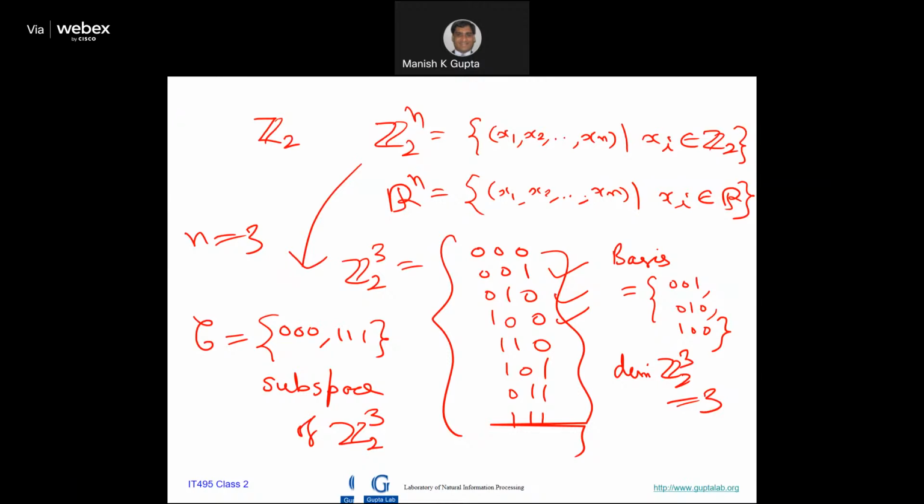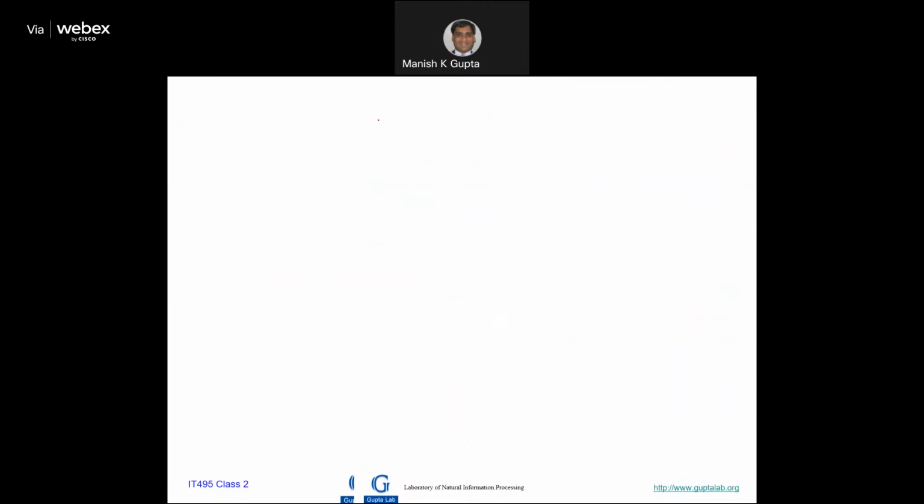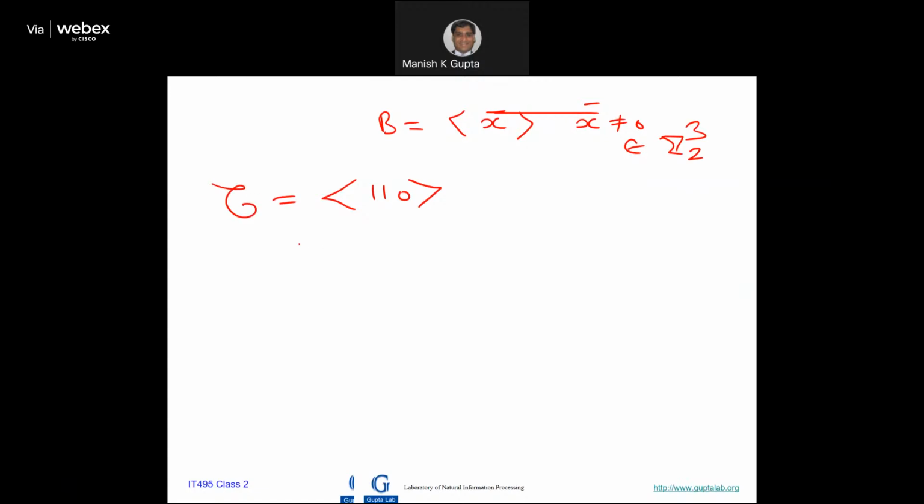If I take the space generated by 0, 0, 1, the total two vectors will be 0, 0, 0 and 0, 0, 1. Right? Basically, I am saying that if the basis is generated by just one vector x, x not equal to 0, and it belongs to Z2 to the 3. Suppose I take 1, 1, 0, the space generated by this is nothing but lambda times 1, 1, 0, where lambda belongs to Z2.